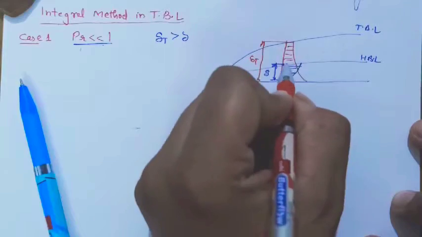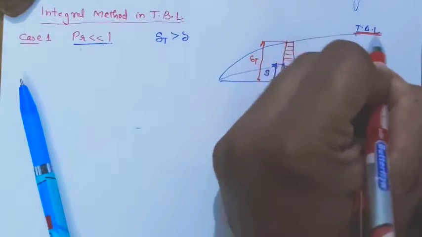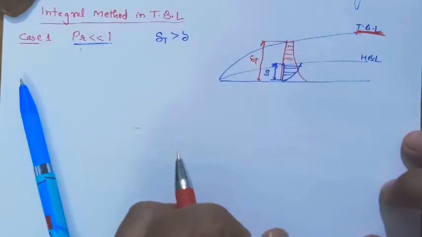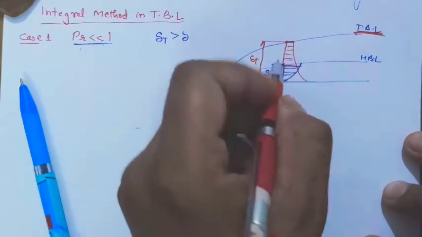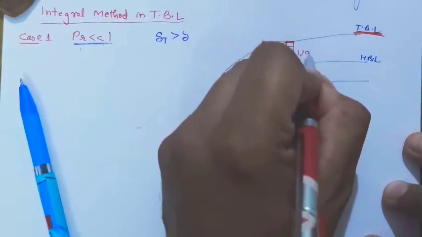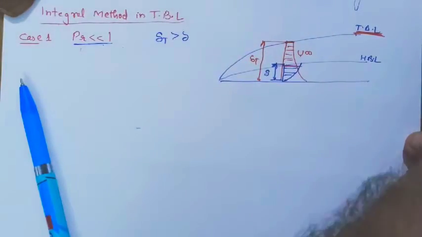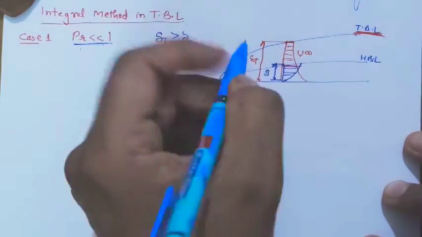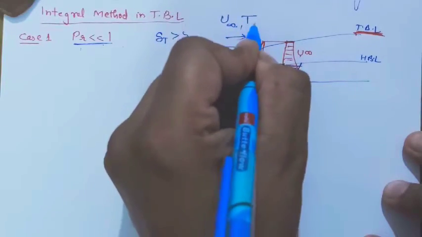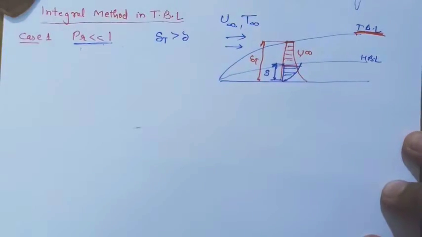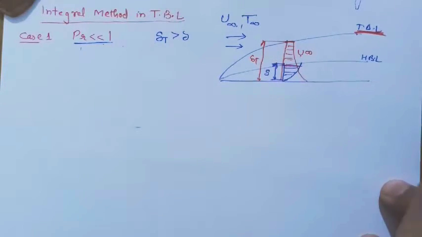And you can clearly see we have to do the analysis upon the thermal boundary layer. So at the thermal boundary layer, the velocity component is V infinity, right? Because at this stream you have V infinity and T infinity.